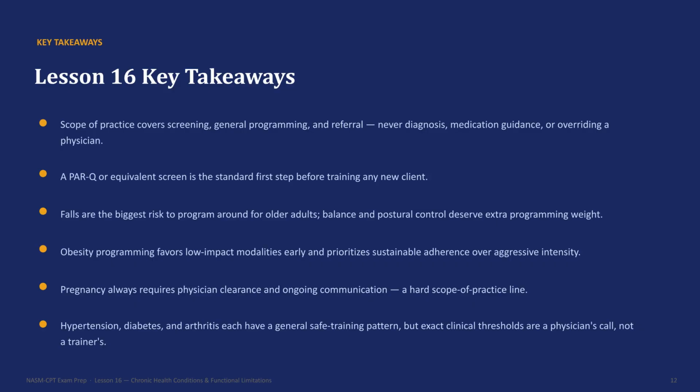Obesity programming favors low-impact modalities early and prioritizes sustainable adherence over aggressive intensity. Pregnancy always requires physician clearance and ongoing communication, a hard scope of practice line. And hypertension, diabetes, and arthritis each have a general safe training pattern, but exact clinical thresholds are a physician's call, not a trainer's. This closes out the program design domain, the highest weighted section of the real exam.